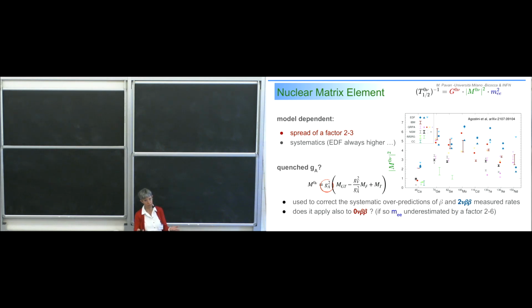You open a paper and you see the half-life is longer than 10 to the 26 years, and the Majorana mass range is between 100 and 300 millielectron volt.